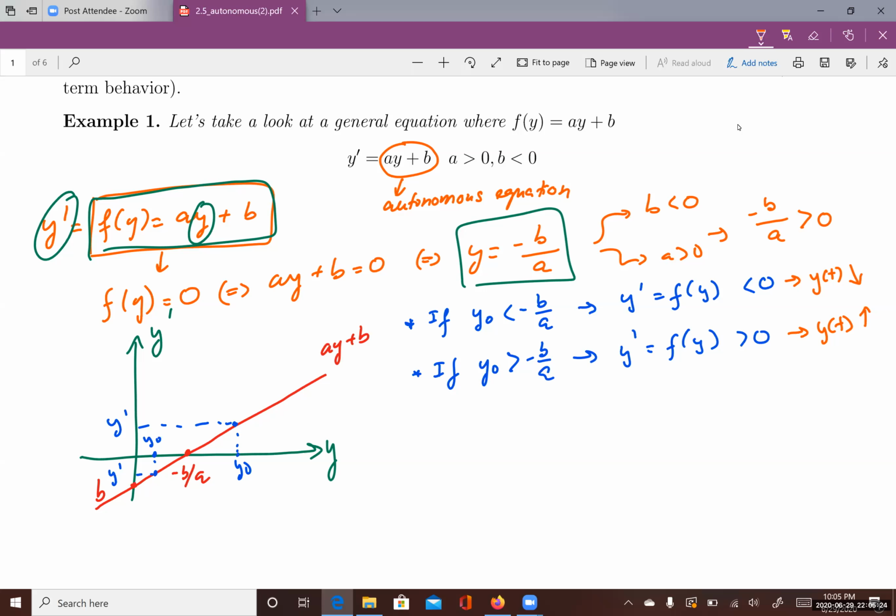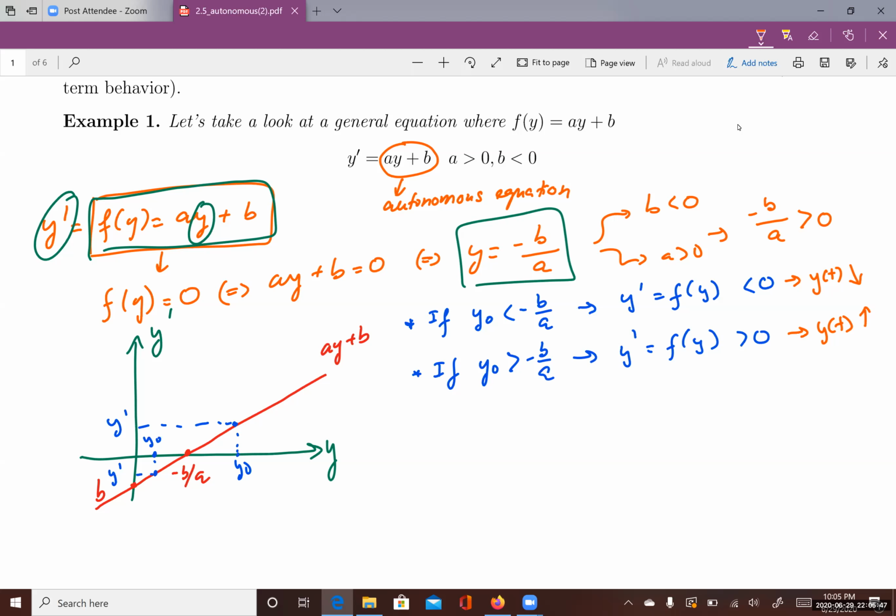All right, so those are some observations that we could make from the function f of y equals ay plus b. And since y prime equals f of y, we can make some conclusions about the derivative of the dependent variable depending on the point y.